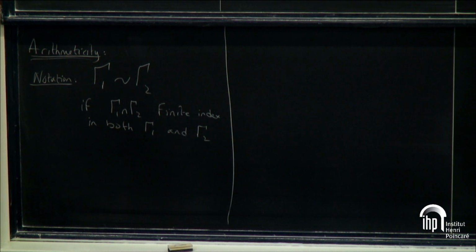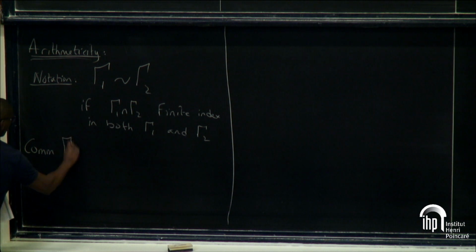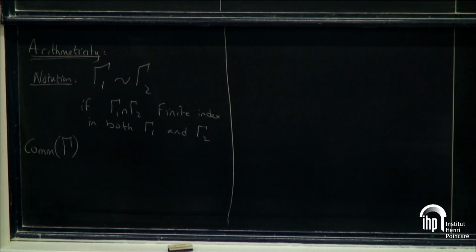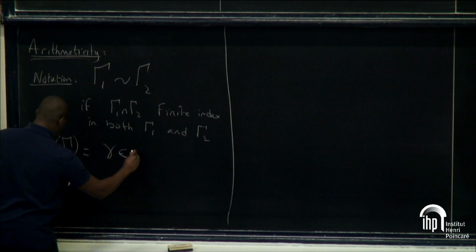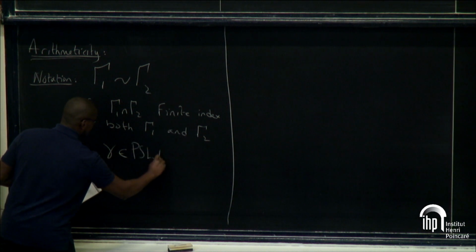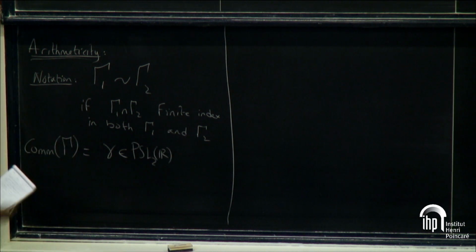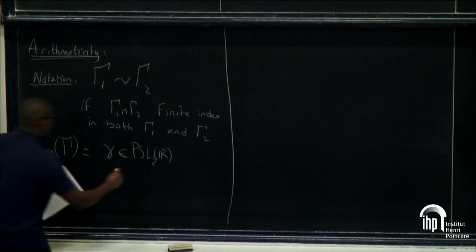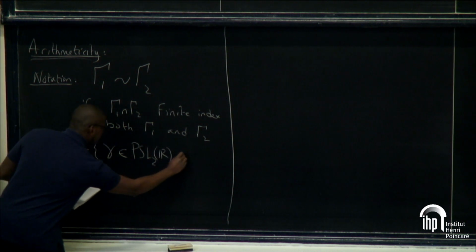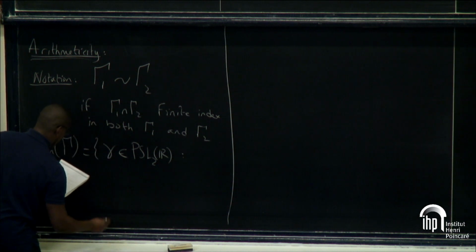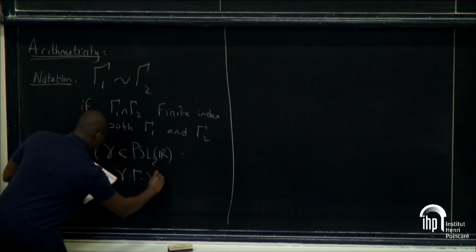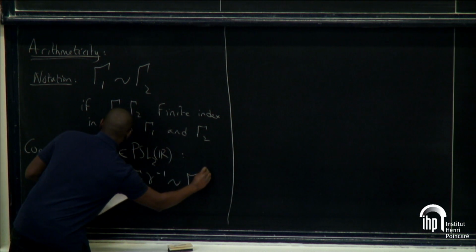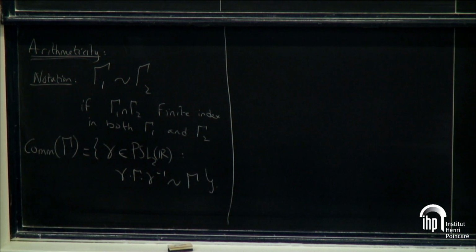And so the commensurator of a group gamma consists of all conjugates of gamma that are commensurable with gamma.